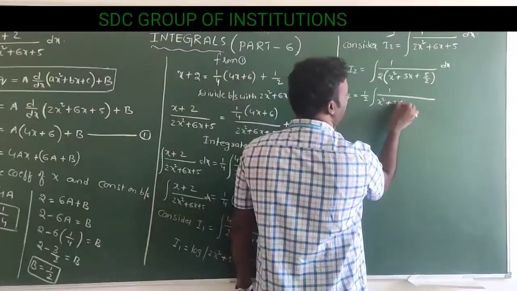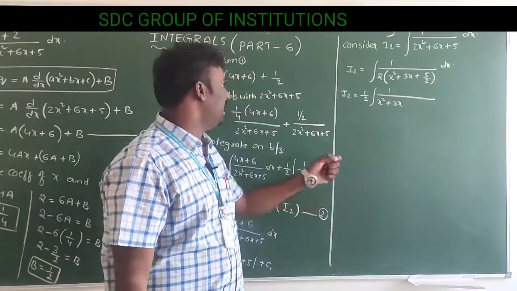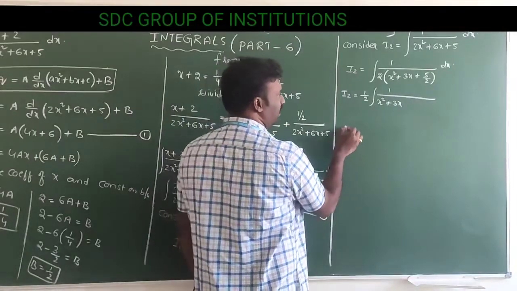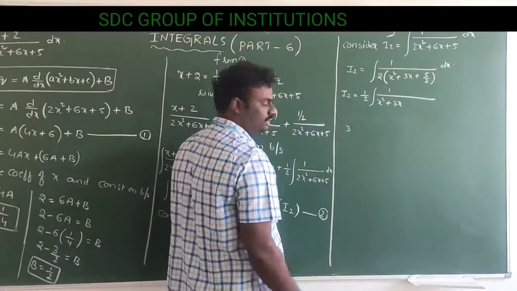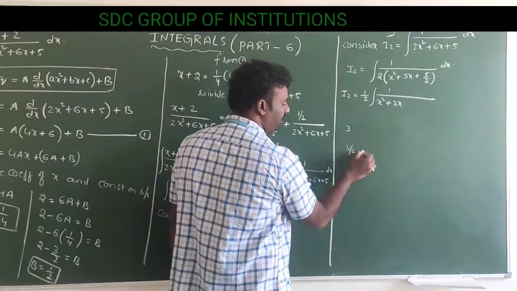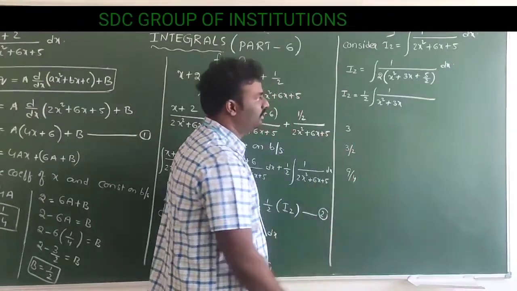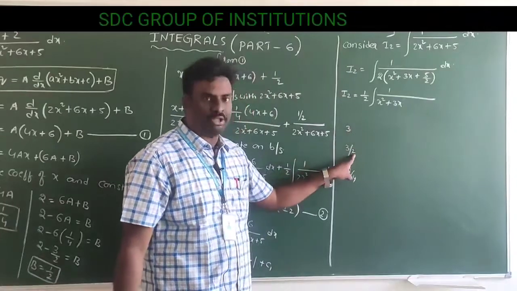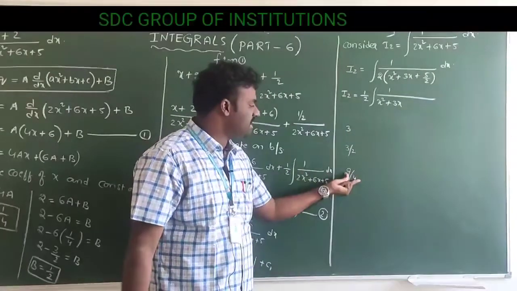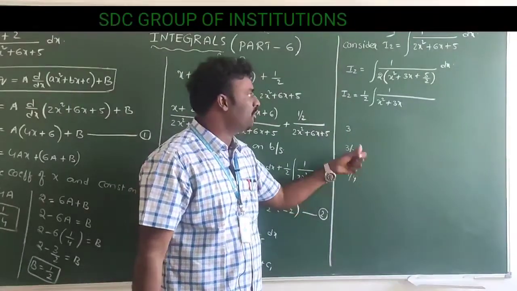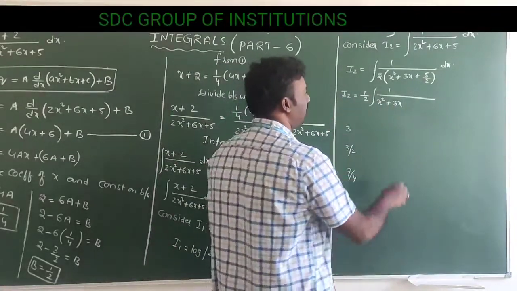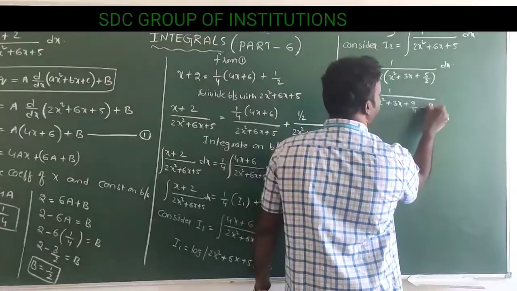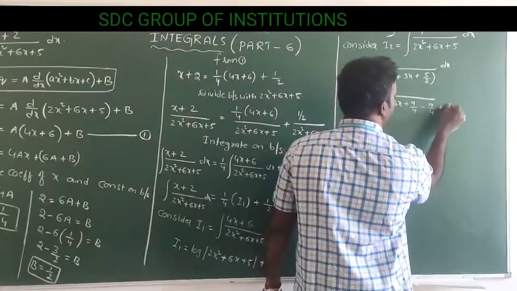Here one value we need to add and subtract. Yesterday I gave a shortcut method. To find the add and subtract value, first you take the coefficient of x, next half of it, next square of it. Coefficient of x is 3, half of 3 is 3/2, square of 3/2 is 9/4. This 9/4 we are adding as well as subtracting. So plus 9/4 minus 9/4 plus 5/2.